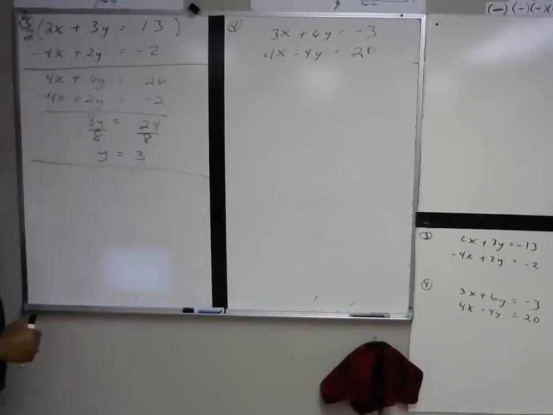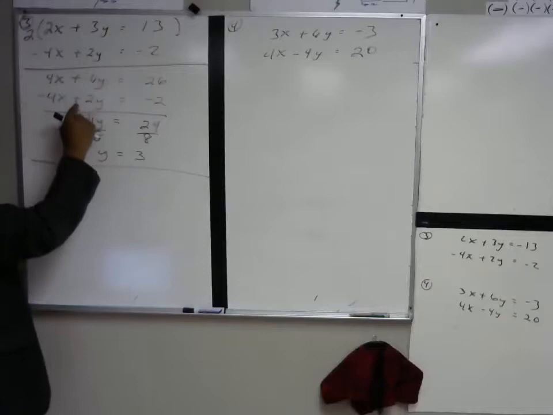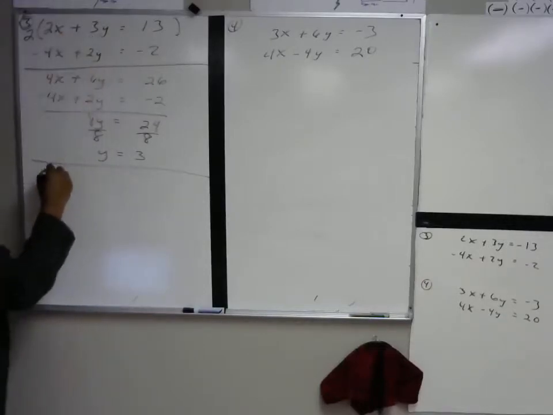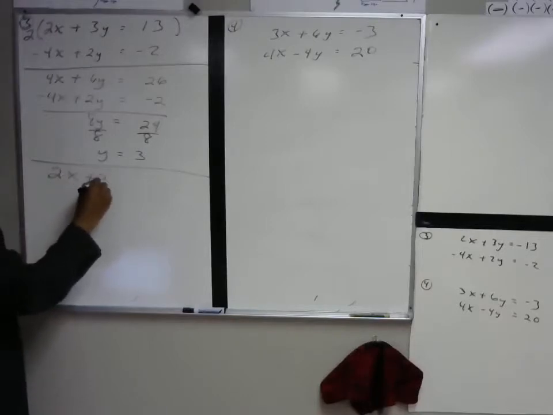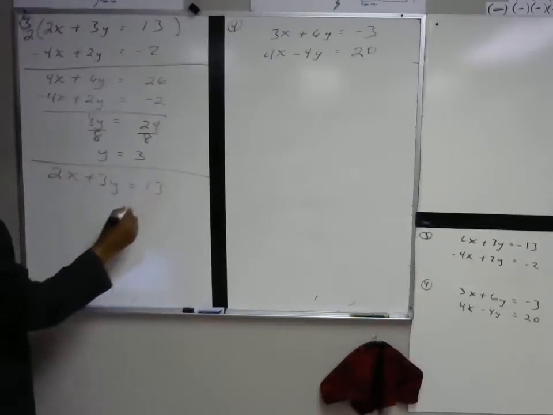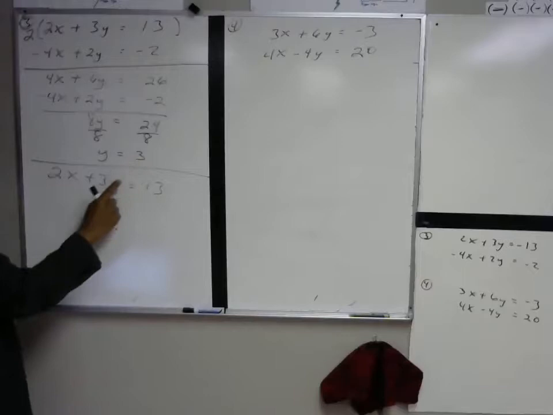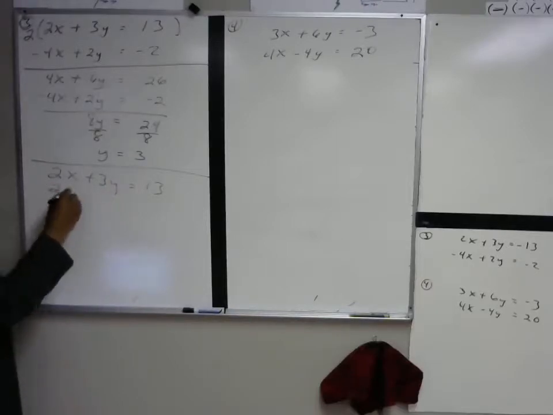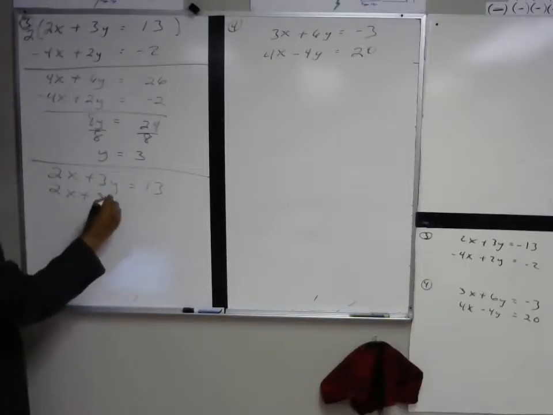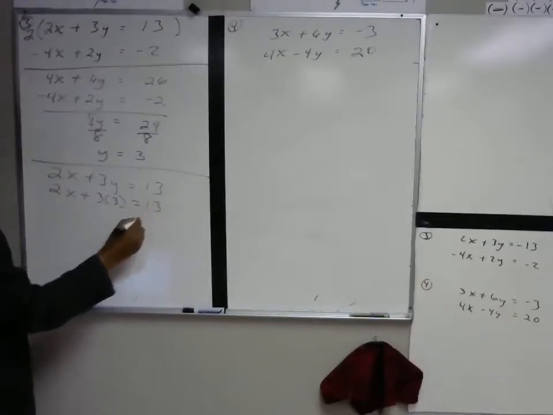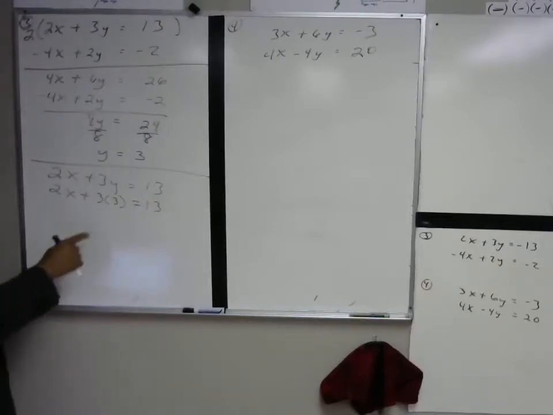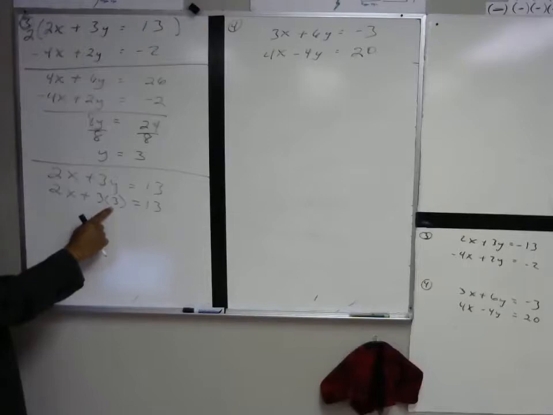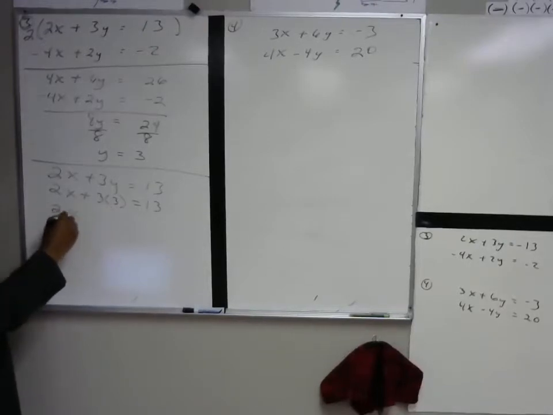Okay. Now I'm going to use substitution to solve this. And notice we now have 4 different equations that we can use. I'm going to choose to use the first one right here, 2x plus 3y equals 13. And we'll make a substitution of y is 3 here. From here, we're going to multiply these two. 3 times 3, you get a 9.